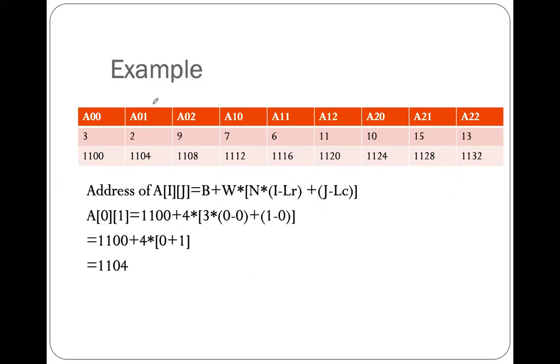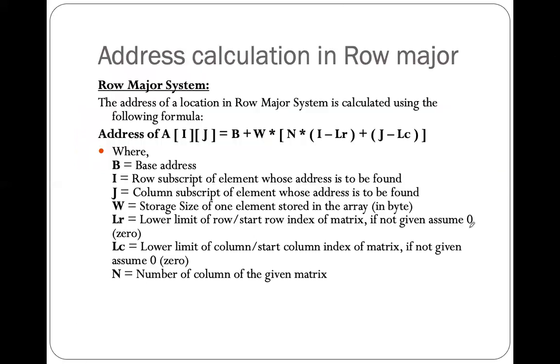Okay. So if you want to calculate the address, this is the row major representation. If you want to calculate the address for this, how can we calculate? So here A of ij, i is for the row representation, j is for the column. Which index you want to find out for the address. This is the base address, W is the width, and N is the number of columns in your matrix, and this is the row lower index.